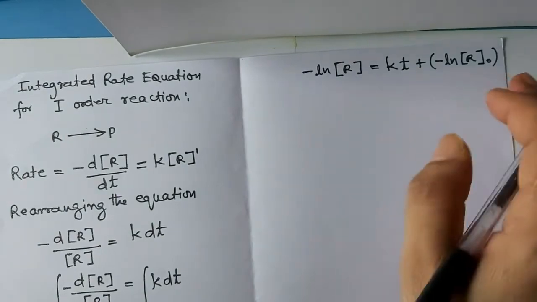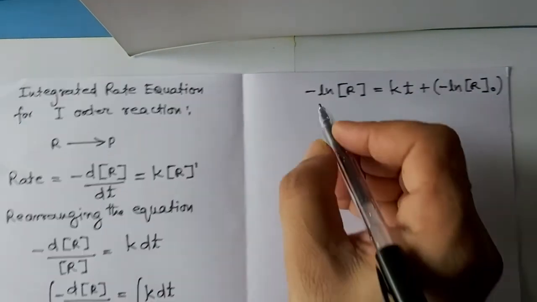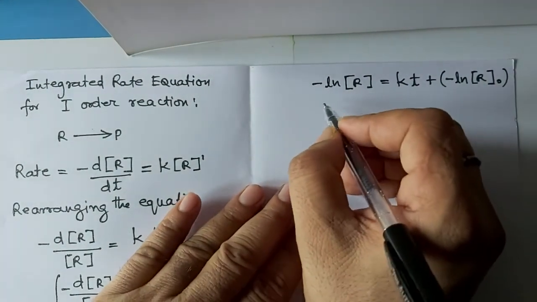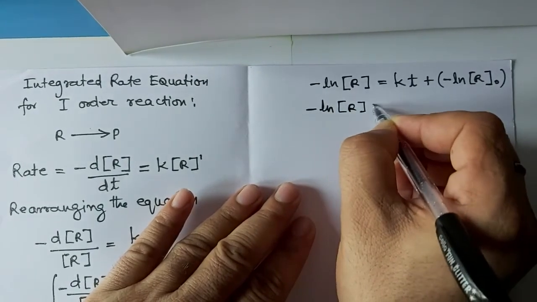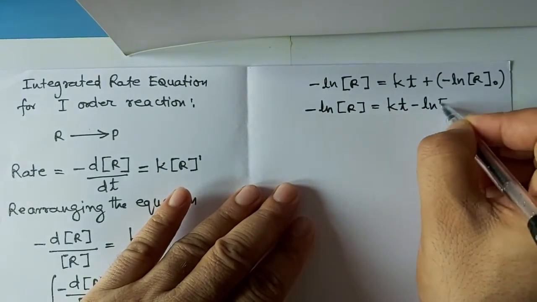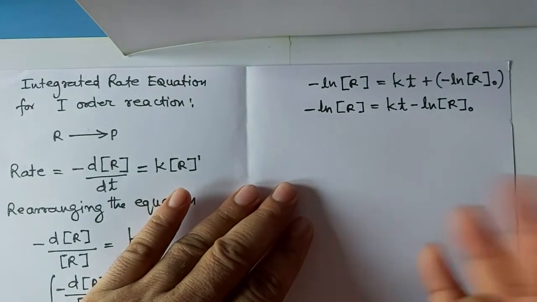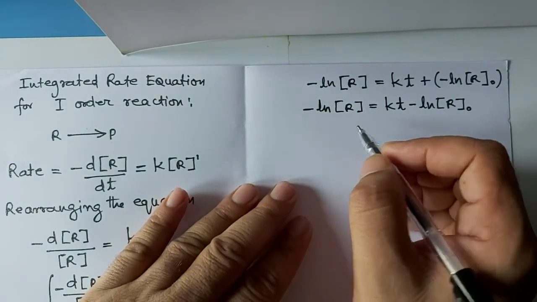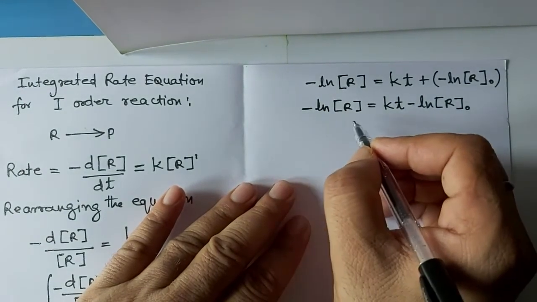Now let's move the values around. This is going to be rewritten as, take negative values to the other side so that we have positive values, or we can use it further. So what next?